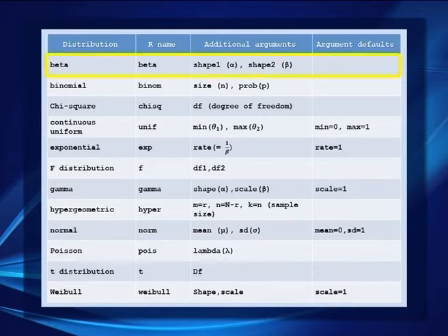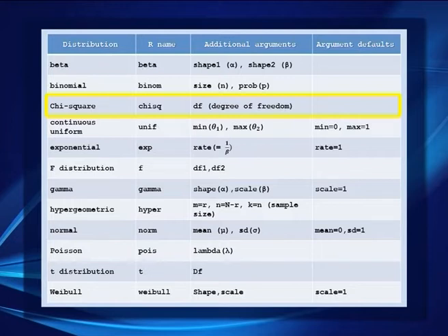The distribution beta, the R name is beta, and additional arguments would be shape1 alpha, shape2 beta. Binomial: binom, size n and probability p.